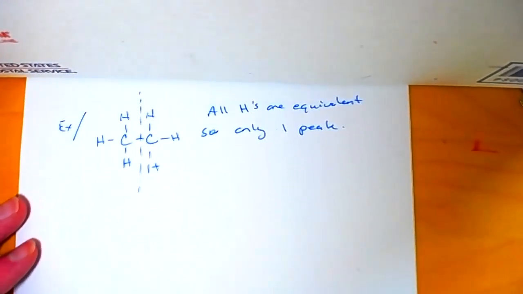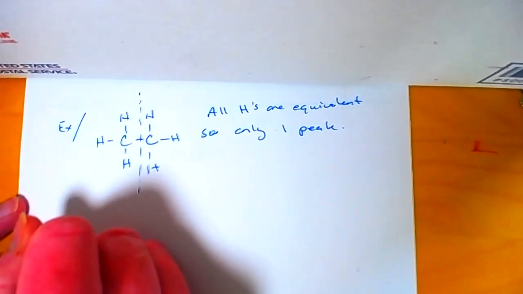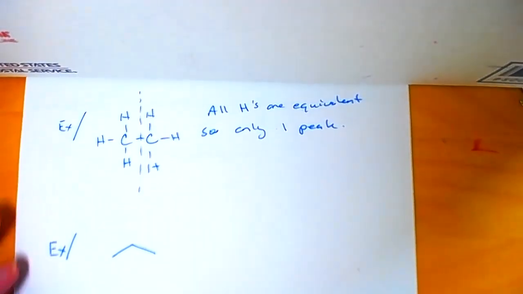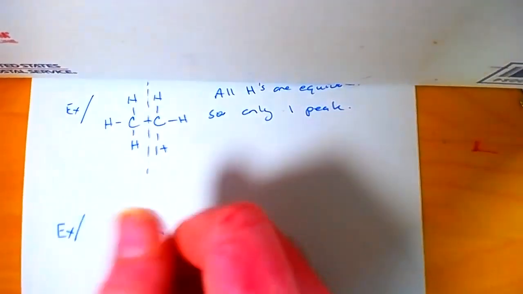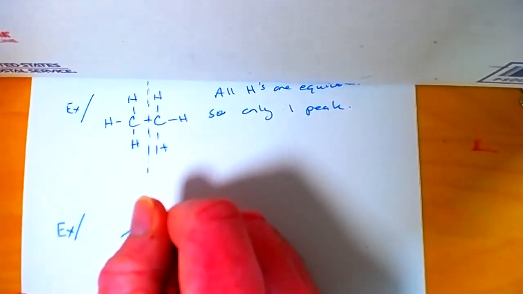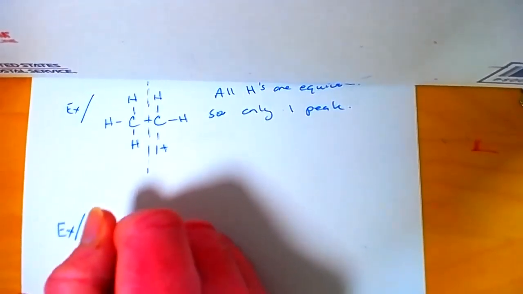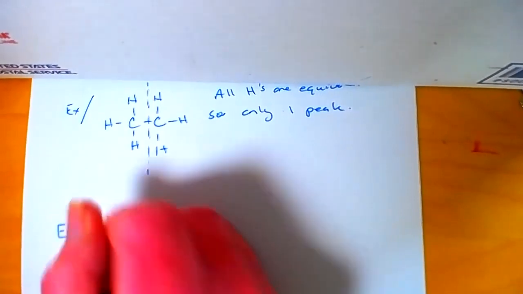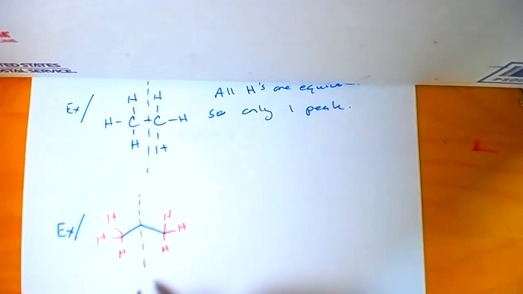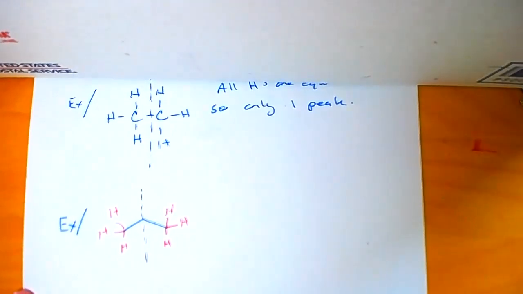Okay. Now, if we go out to the next largest hydrocarbon, which is propane, all right, I'm going to pencil in these 3 hydrogen atoms here and these 3 hydrogen atoms in here. The machine is going to treat those sets of hydrogen atoms as essentially one signal. So all 6 of those hydrogens that are penciled in red, the machine will view as one signal.